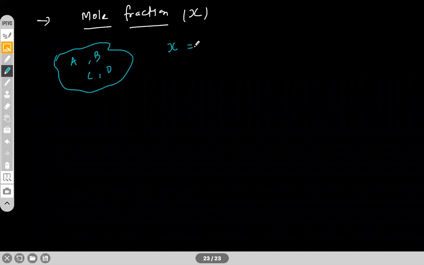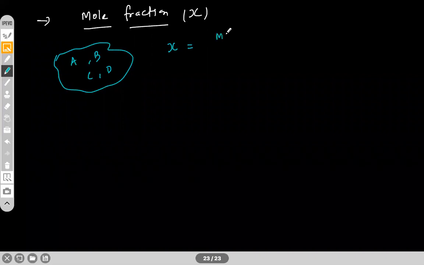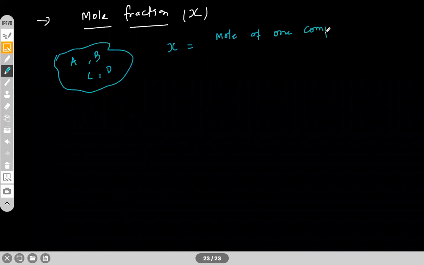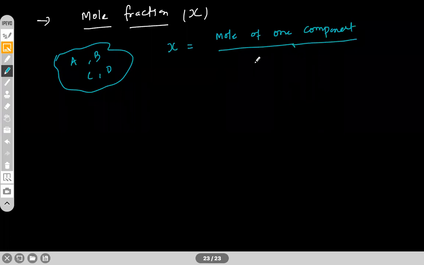X equals moles of one component divided by, it is a fraction, right, the total number of moles. Mole of one component divided by the total number of moles.